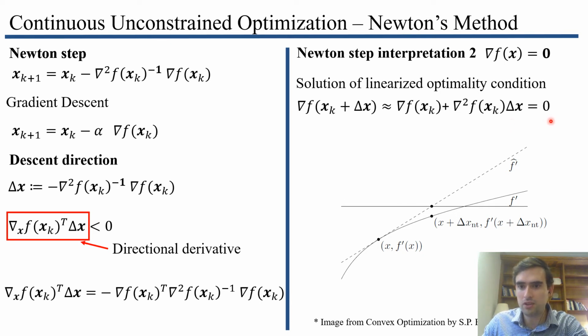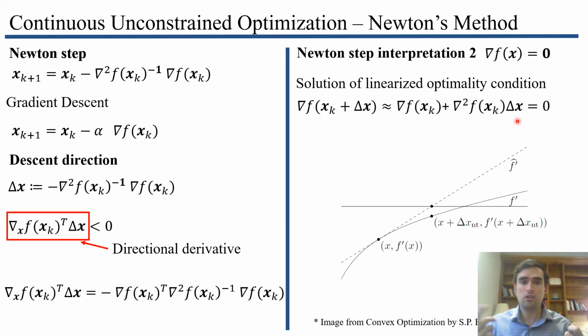And we want this to be equal to 0. Again, this is very obvious. This gradient, we pass it to the other side as a negative. So this is where this minus gradient comes into play. And then this Hessian goes to the other side as the inverse. And that's how we get our next step size.